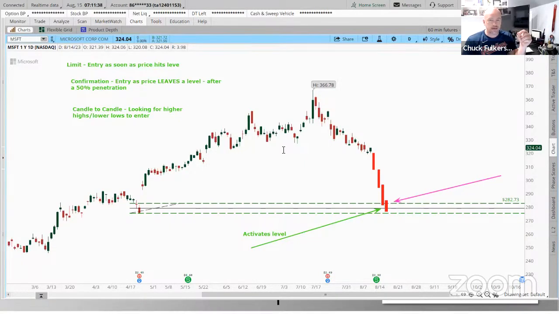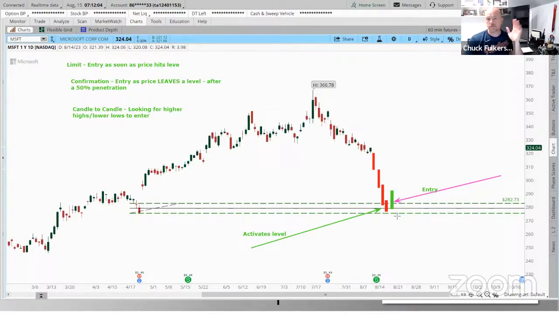And the entry is going to be as we exit the zone, right? So we're not going to be interested in entering that position until we actually exit that level. And if price looks something like this, now we've got an entry.